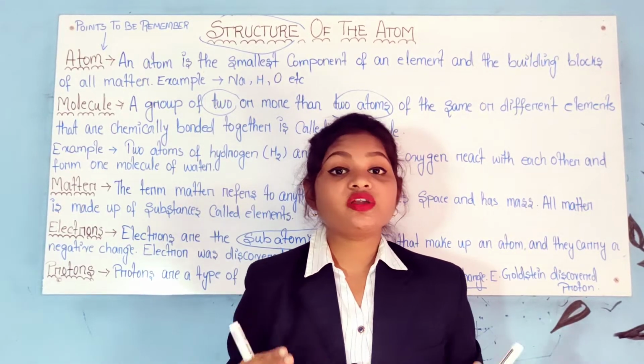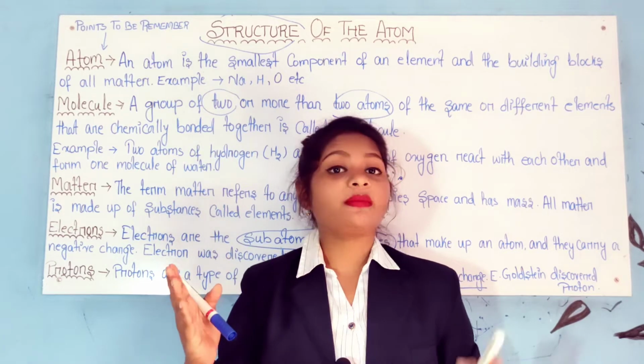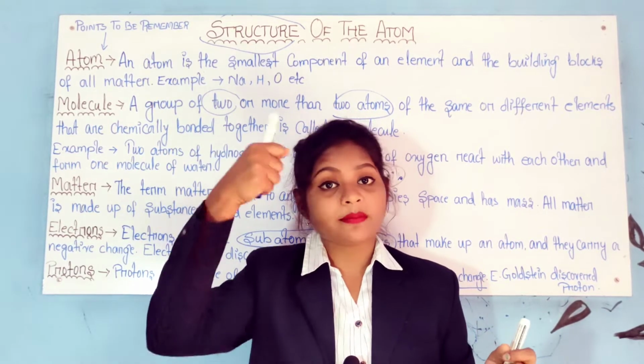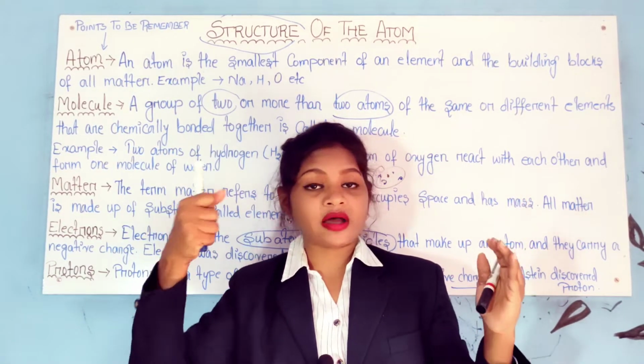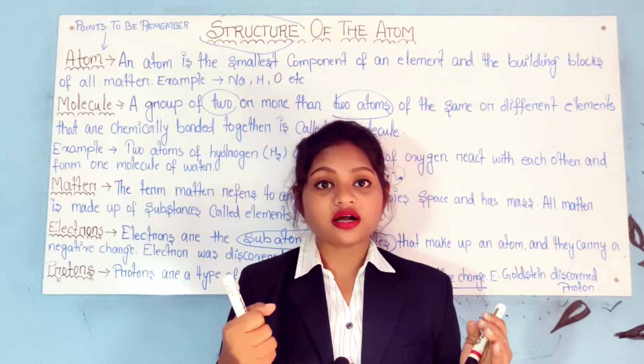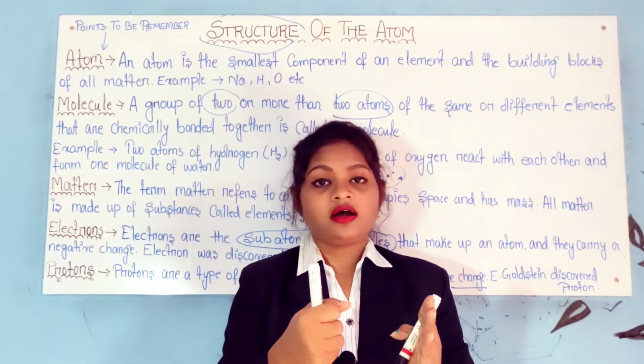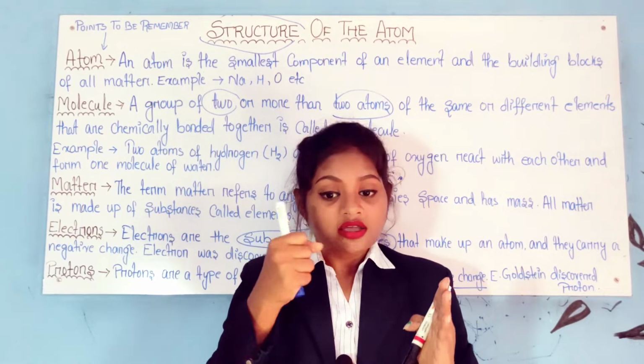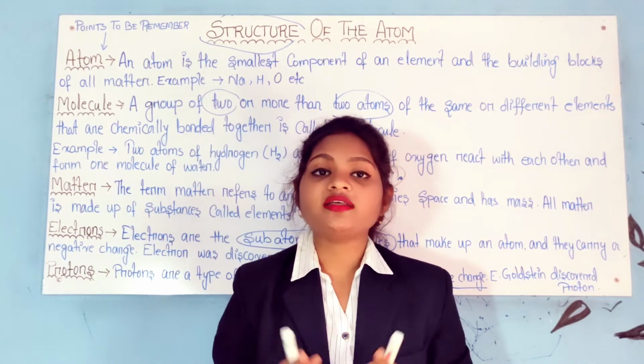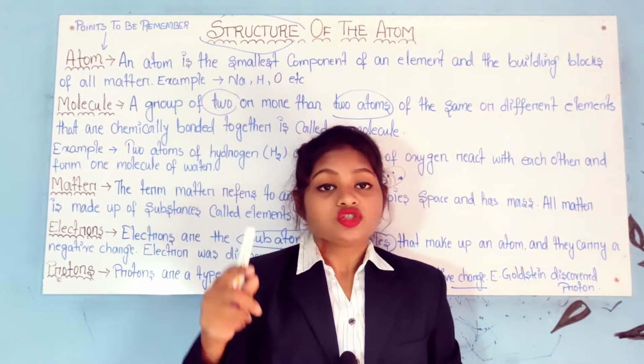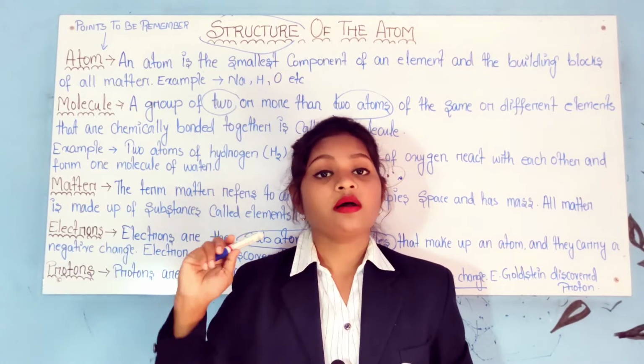Students, I am going to give you an example. Suppose a comb and a paper. I comb my hair, then take out the comb and put it beside the paper. What will happen? The comb will attract the paper. Why does the comb attract the paper? This question arose in the minds of scientists.